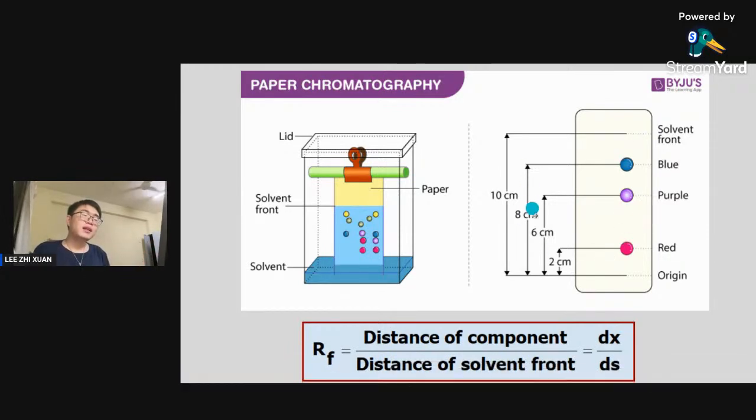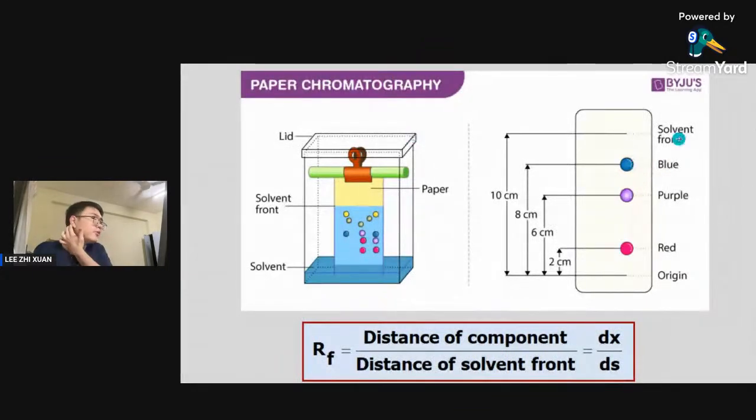So normally a high RF value means that they have a strong interaction between the component and the paper chromatography. So in this case, it means that this blue one is a very highly polar molecule because it has high interaction.